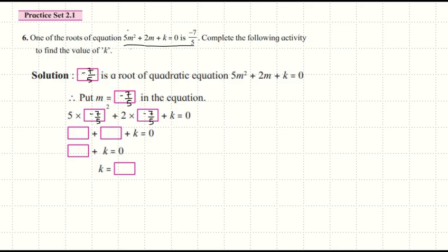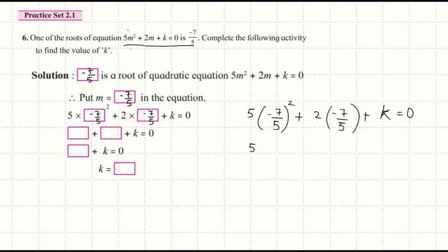So this will give us 5 into minus 7 upon 5 whole square plus 2 into minus 7 upon 5 plus k is equal to 0.